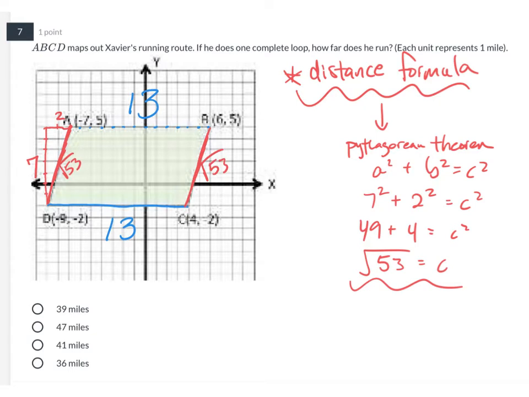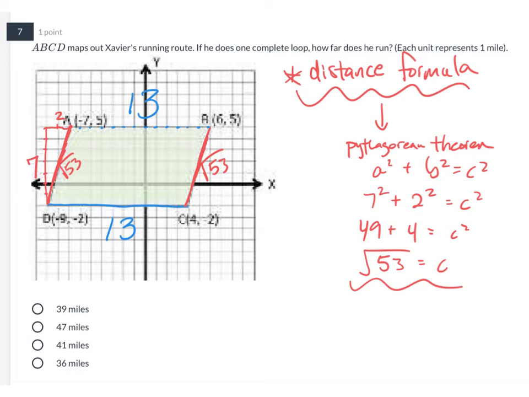So I'll have to bust out my calculator because I'll have to pick the answer that's closest to his route. So on one side he runs 13 miles. 13 miles? This guy's crazy. On the other side, he runs another 13 miles. And on the two ends, he's running the square root of 53 miles.